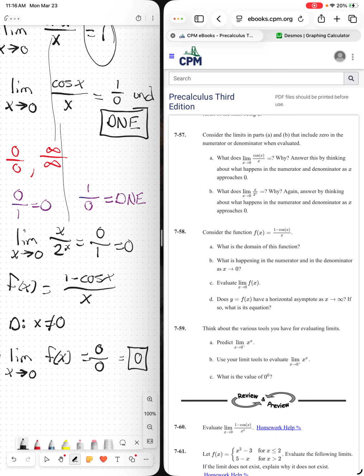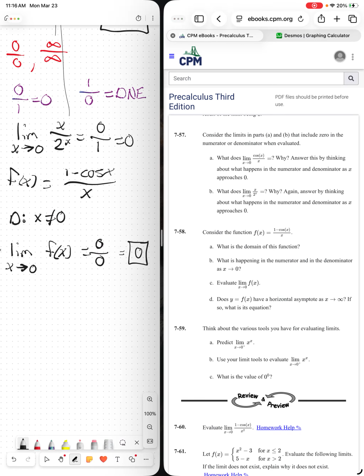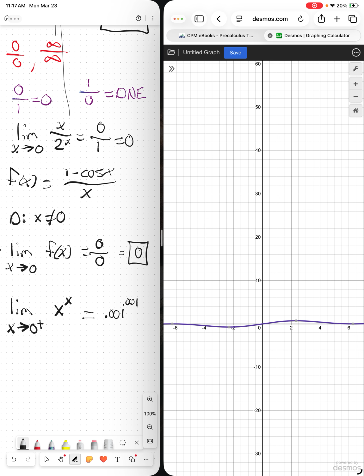Okay, think about the previous tools you have used for evaluating limits and predict what the limit is as x approaches 0 from the right of x to the x. From the right, this would be like 0.001 raised to the 0.001. Or we can use the graph here.